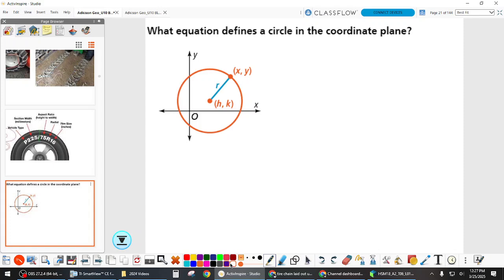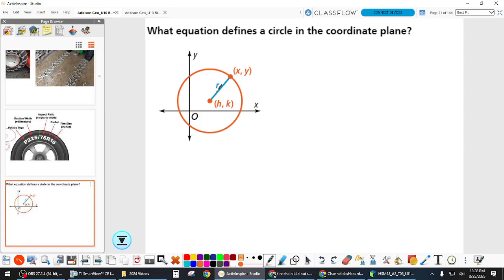So we said yesterday that a circle is all points the same distance from a center point. So all the points on this orange line are the same distance from HK, and that distance is R. So when I say distance, do you remember a formula that we had for distance? That could have been maybe our first note packet, I think.